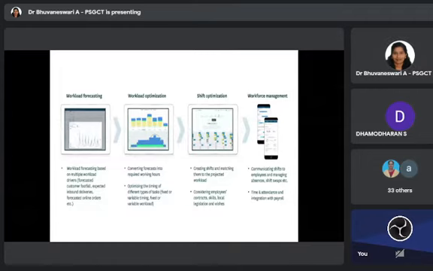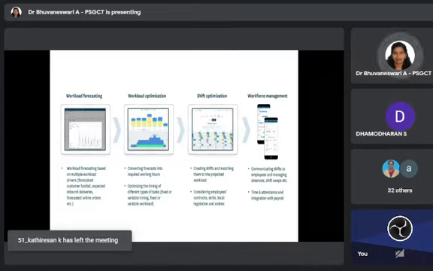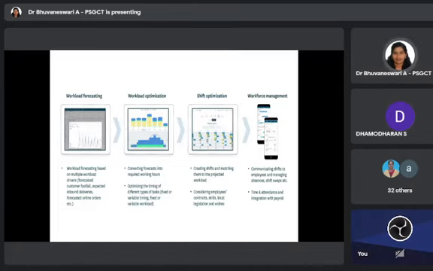So once you have forecasted the required workload, then you go for creating shifts. How many shifts are required for completing the tasks successfully, how many employees are needed, and what should be their skill sets, all these things become part of the optimization.